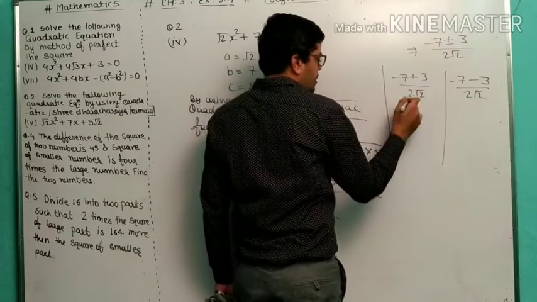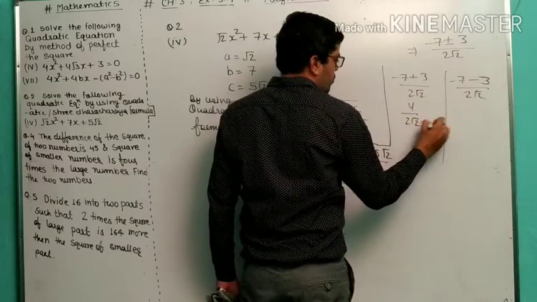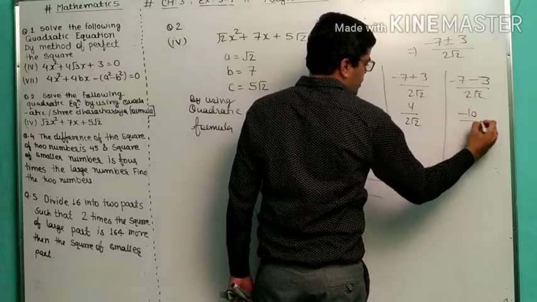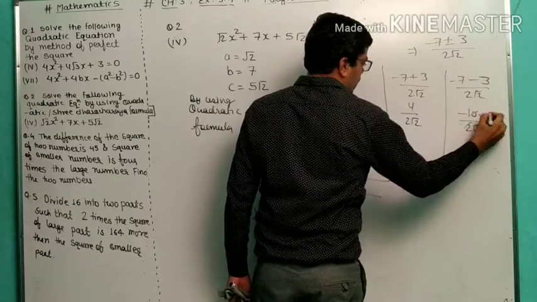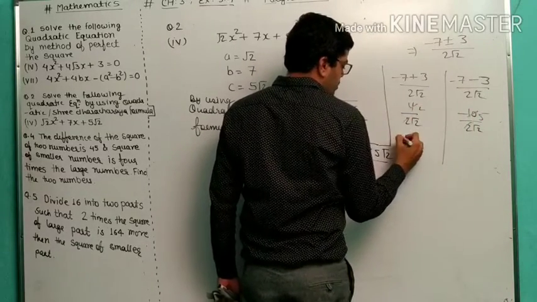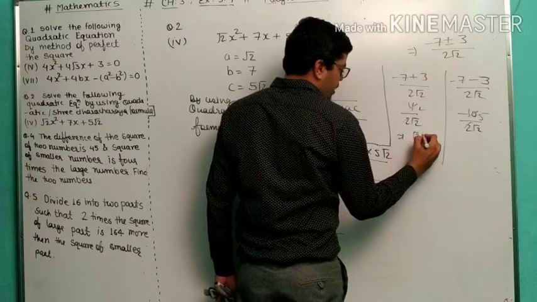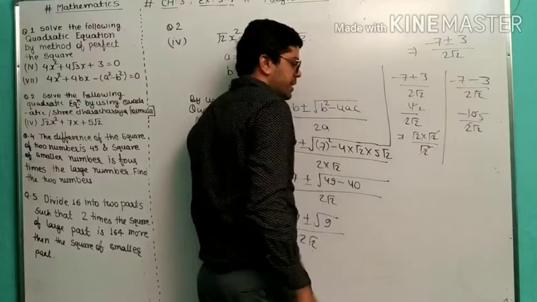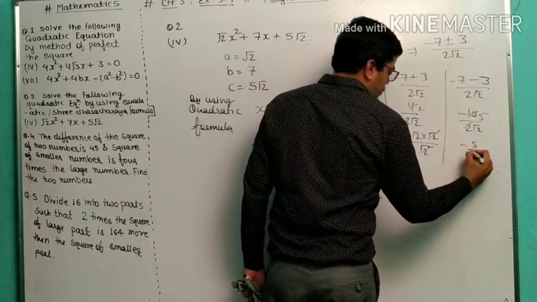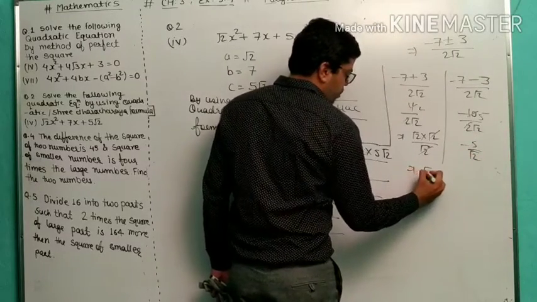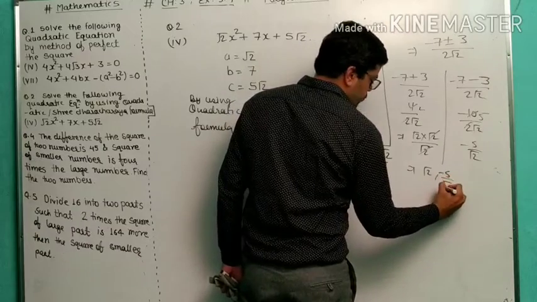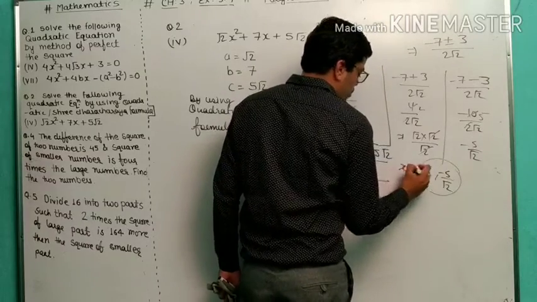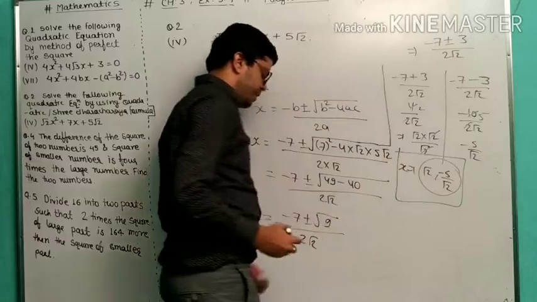Minus 7 plus 3 is minus 4 upon 2 root 2, and the 2 we can write in terms of root 2 into root 2. Root 2 and root 2 cancel, and that gives minus 5 upon root 2 in the other case. Here you will obtain two solutions, minus 5 upon root 2 and root 2. So we obtained the values of x.